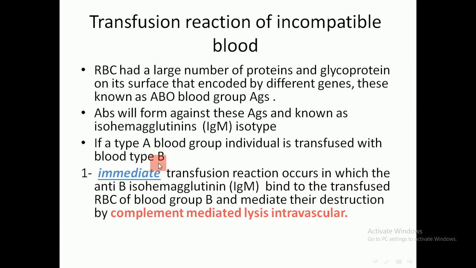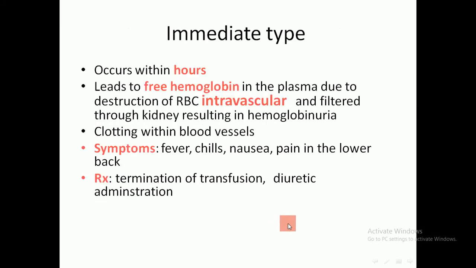If a type A blood group individual is transfused with blood type B, there is an immediate reaction, called immediate transfusion reaction, in which the anti-B isohemagglutinin IgM binds to the transfused RBCs of blood group B and mediates their destruction. The mechanism is complement-mediated lysis, and this occurs intravascularly.